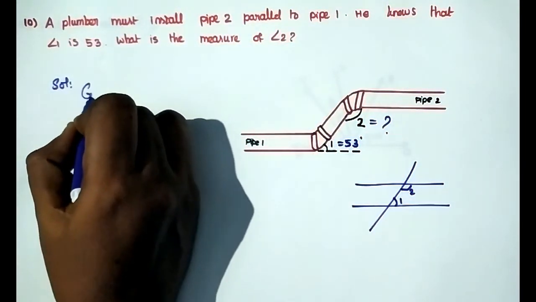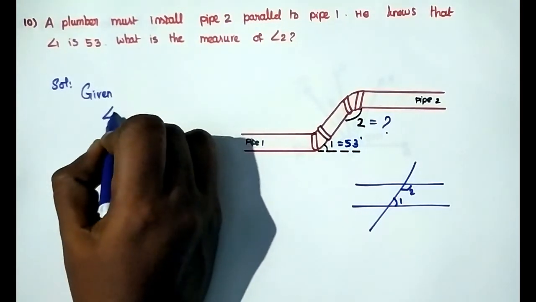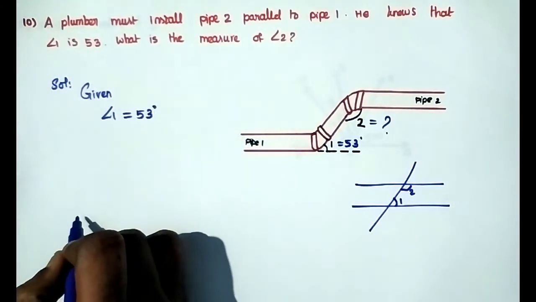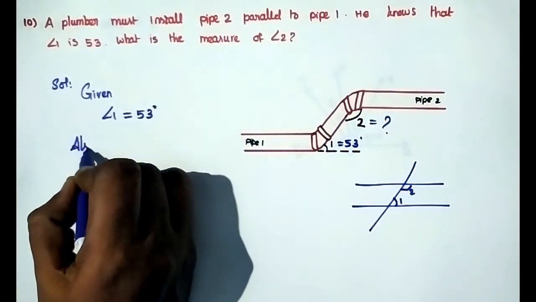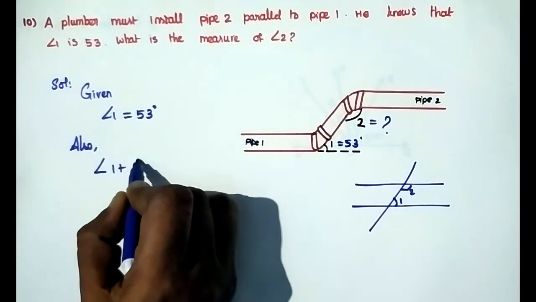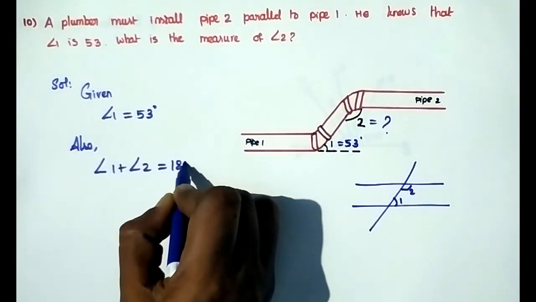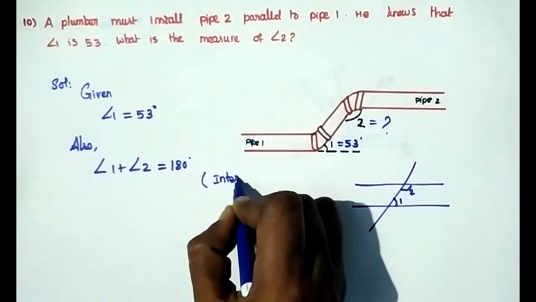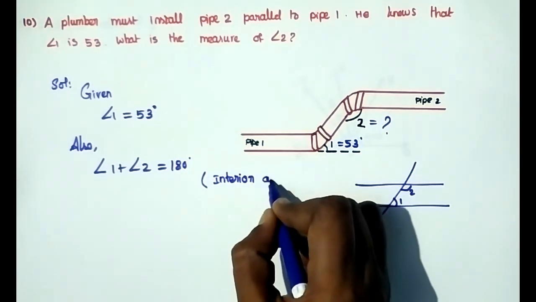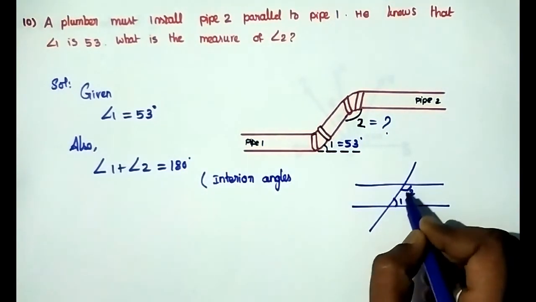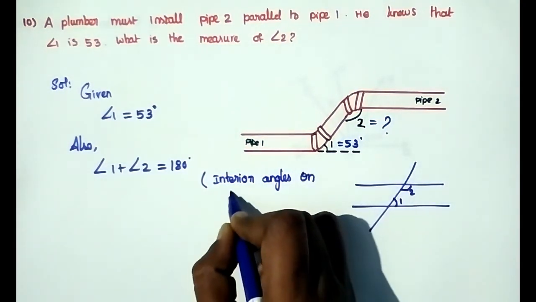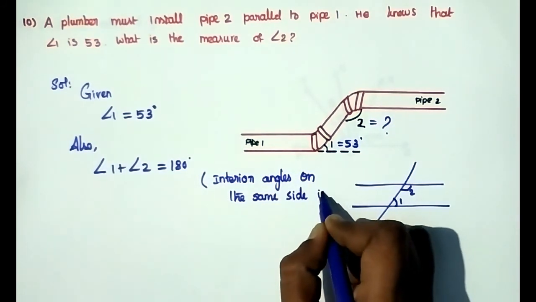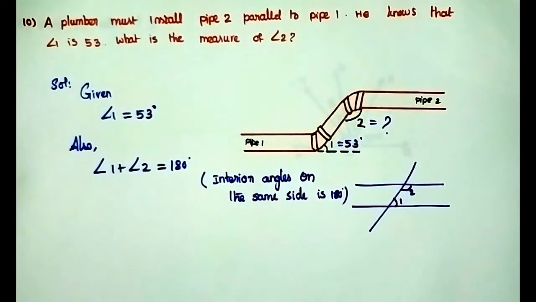Listen, given angle 1 equal to 53 degrees, and also angle 1 plus angle 2 equal to 180 degrees. What is the reason? That is interior angles on the same side are 180 degrees.